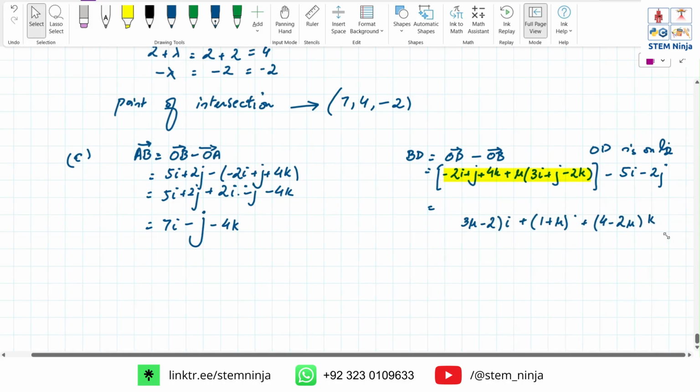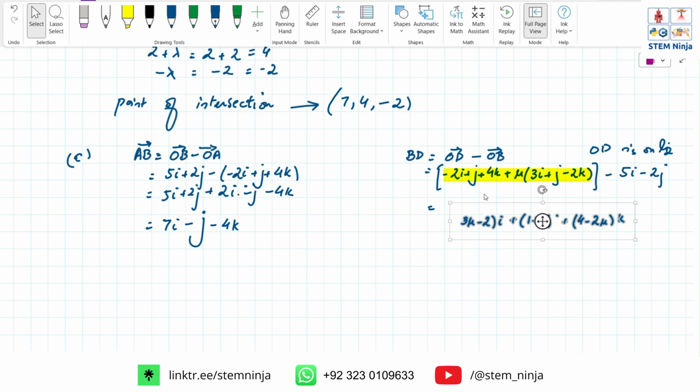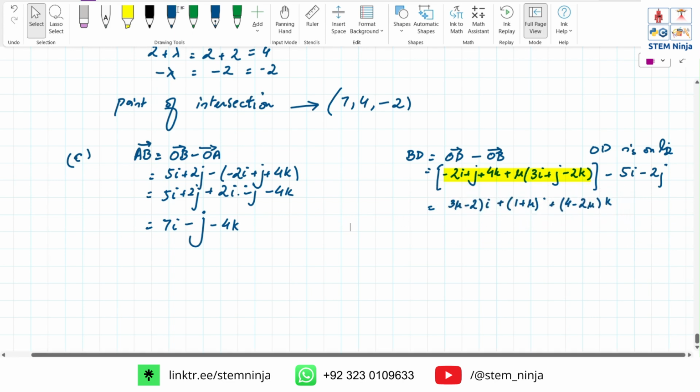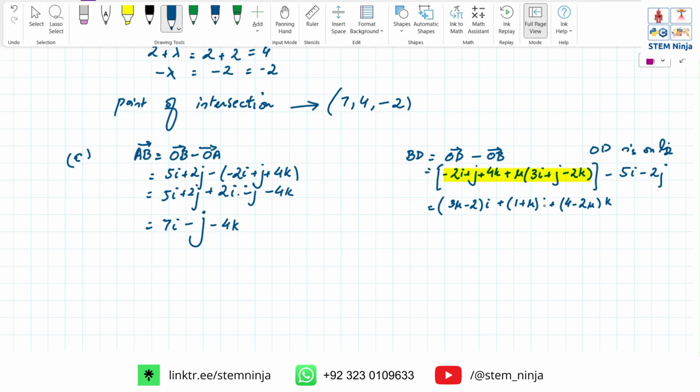Let's make this a little bit smaller. So this is the I, this is the J, and this is the K component, and minus 5I minus 2J.